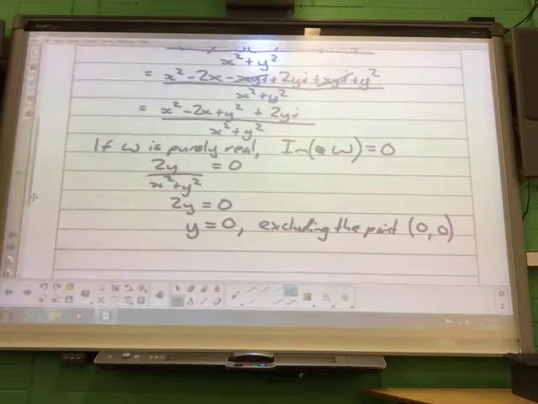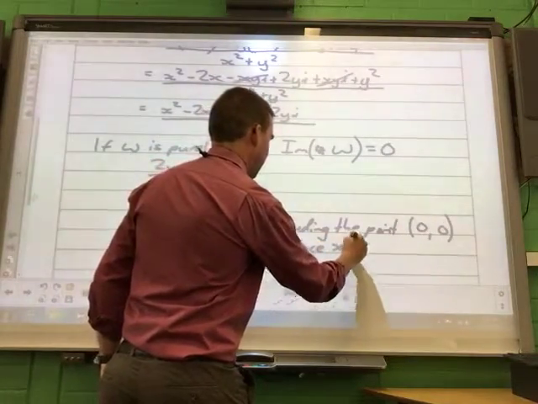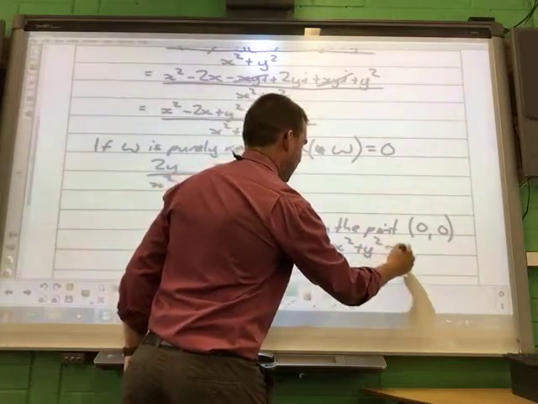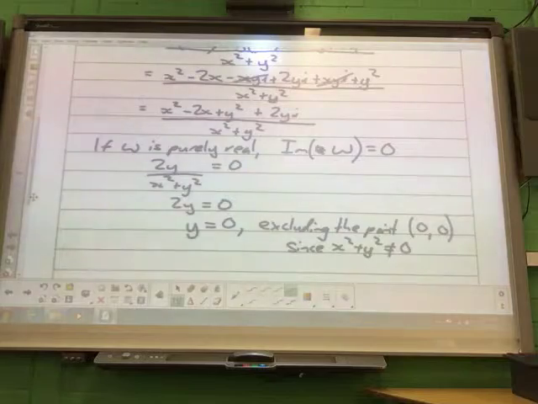So why does it exclude the point (0, 0)? We cannot have a denominator of 0. So the locus is going to be the horizontal line y equals 0, in other words, your real axis, but it has to exclude the point (0, 0).